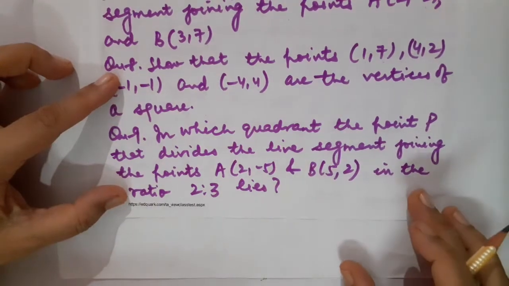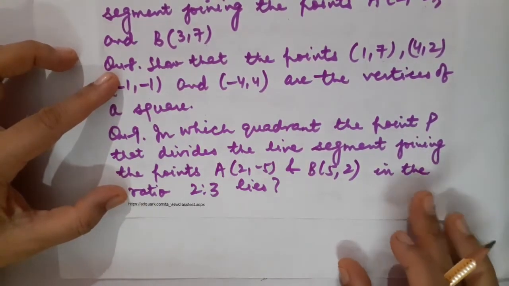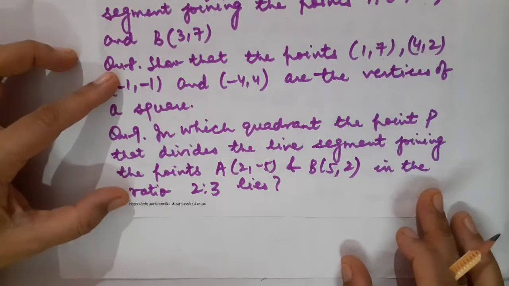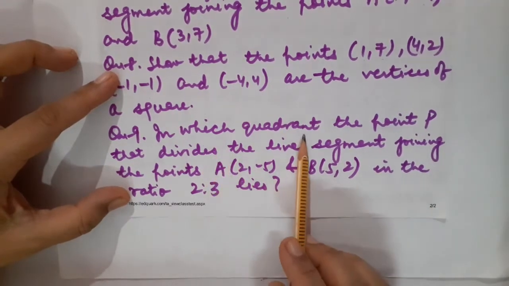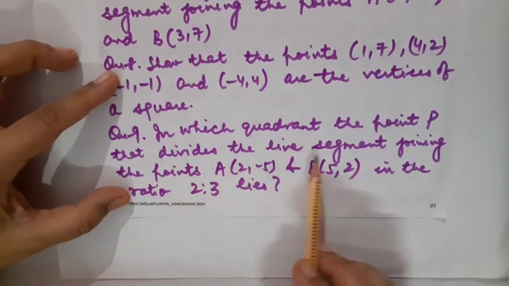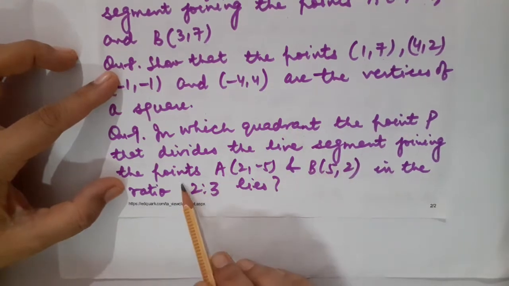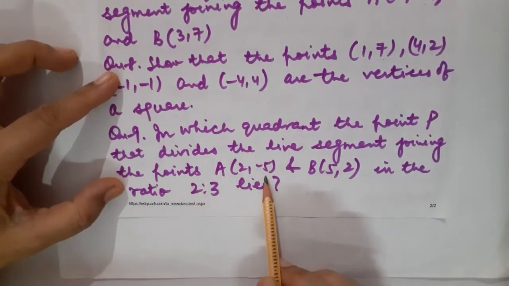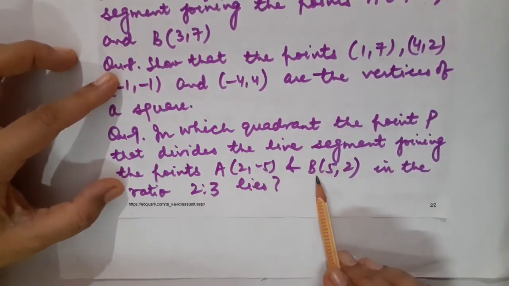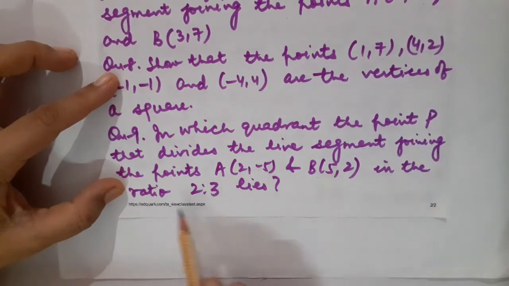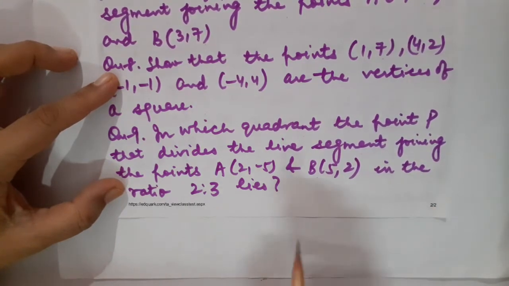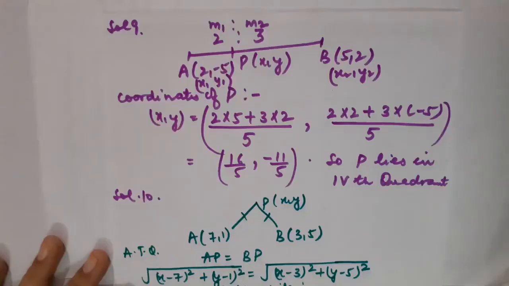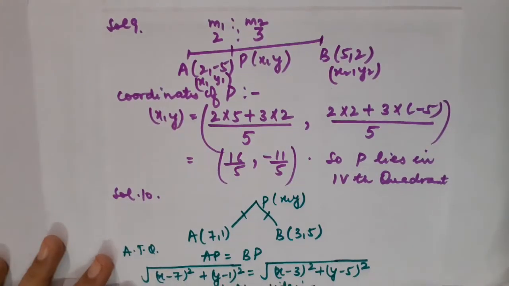So children, the very first question of today's assignment is question number 9. In which quadrant the point P that divides the line segment joining the points A 2, -5 and B 5, 2 in the ratio 2:3 lies? So children, here is solution number 9.